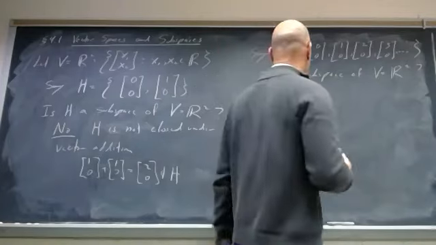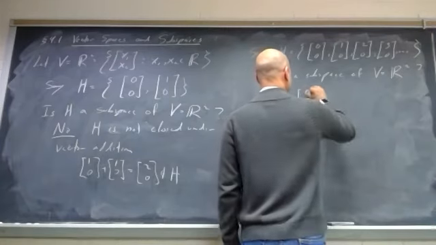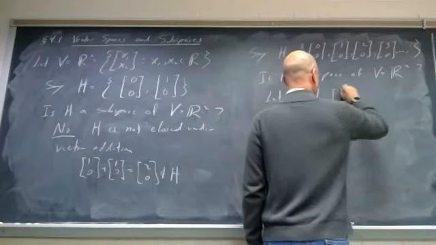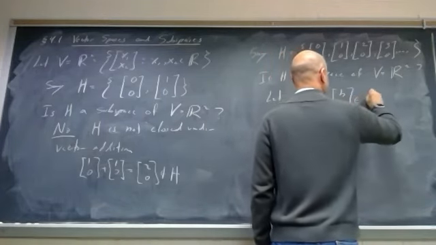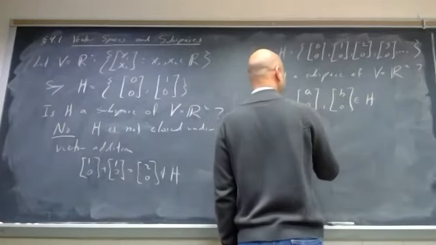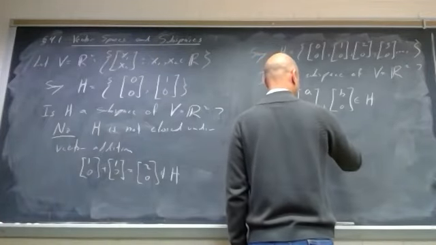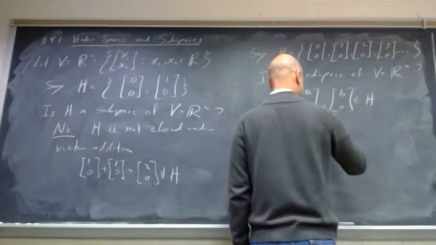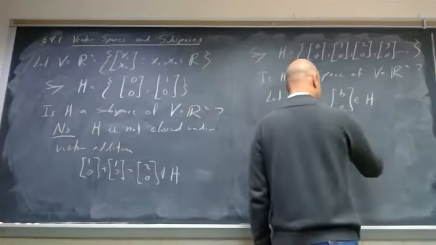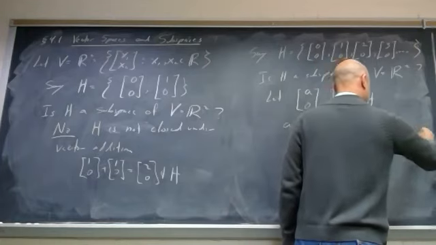If I take, let's let (A, 0) and (B, 0) both be in H. So that tells me that A and B are both whole numbers. N sub 0 or W is sometimes used for the whole numbers: 0, 1, 2, 3, and so on.